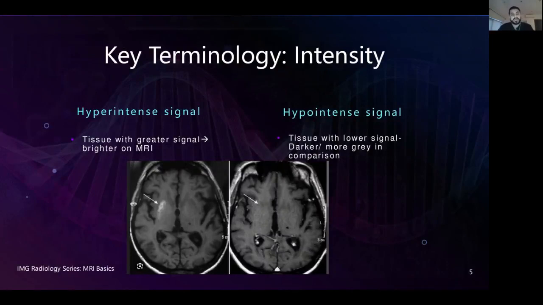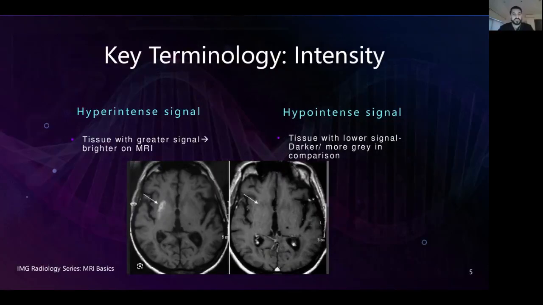Now, the intensity of the signal coming from a specific tissue varies on a number of different things. It varies on the composition of that type of tissue and the age of that type of tissue, and that is important in identifying things like specific pathologies.